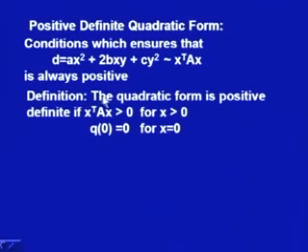So I will define the quadratic form as positive definite if x transpose Ax is always positive for non-zero x, and it is 0 only when x is equal to 0. So if the expression x transpose Ax is always positive, then that quadratic form is positive definite.